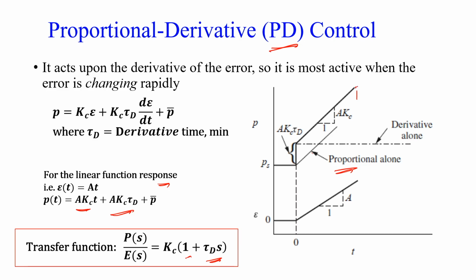So, this is the proportional control and this is coming from the derivative control, and error we have taken E(t) as a into t. So, in this way we just see how the response P value is changing with time in response to the error value.